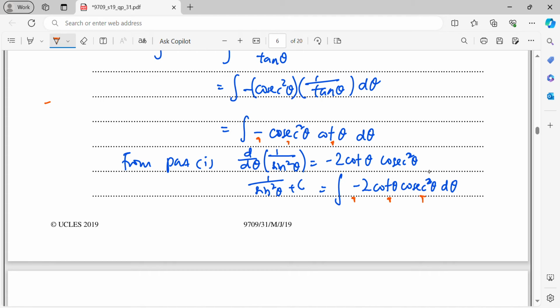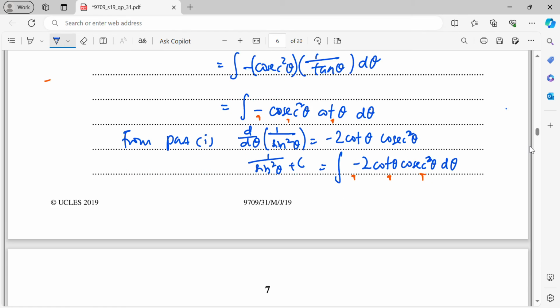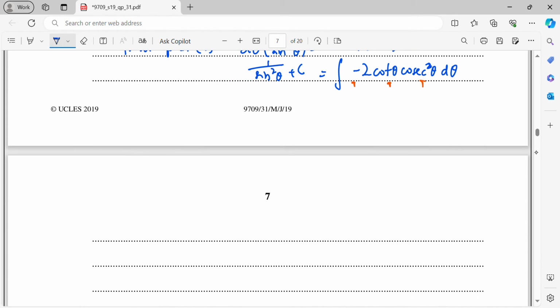I have to move the 2 to the other side. In other words, the integration of negative cot theta cosec squared theta d theta is half of 1 over sine squared theta plus k, for example.